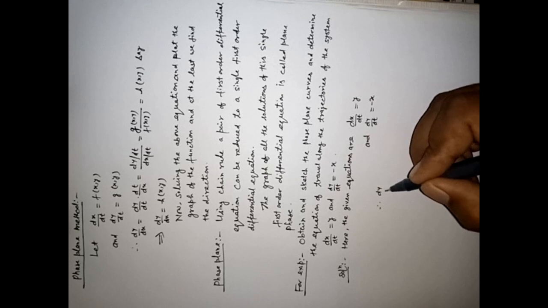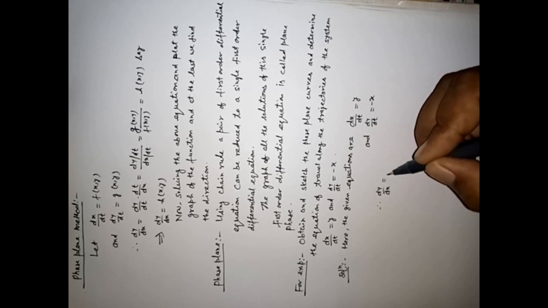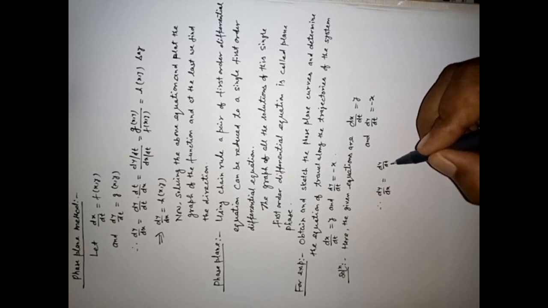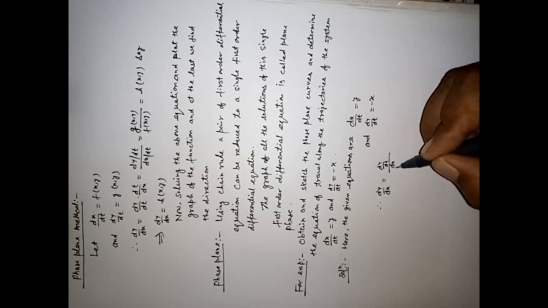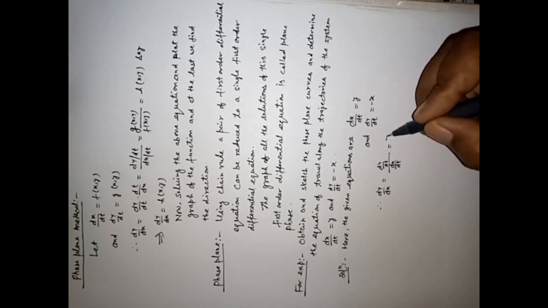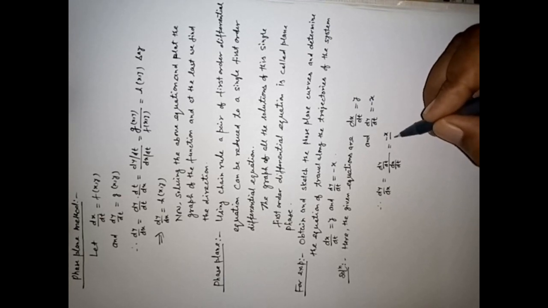Therefore dy by dx may be written as dy by dt divided by dx by dt. This gives dy by dt is minus x and dx by dt is y.